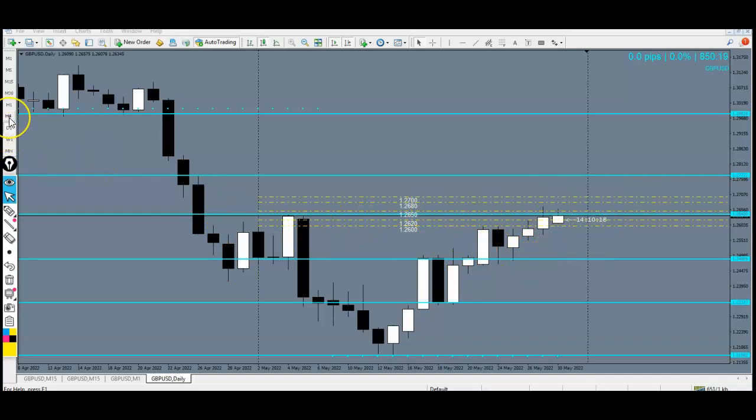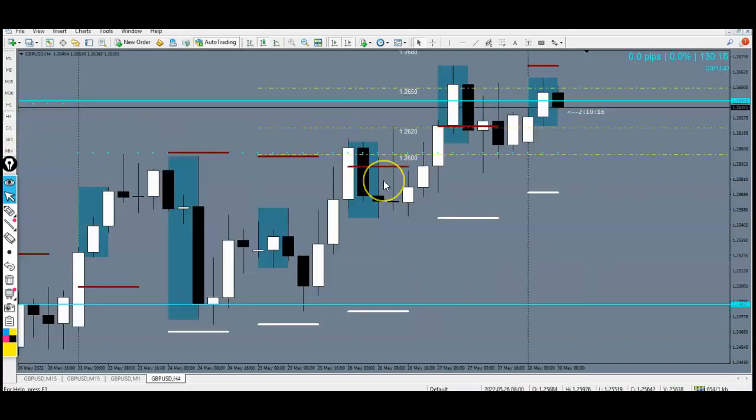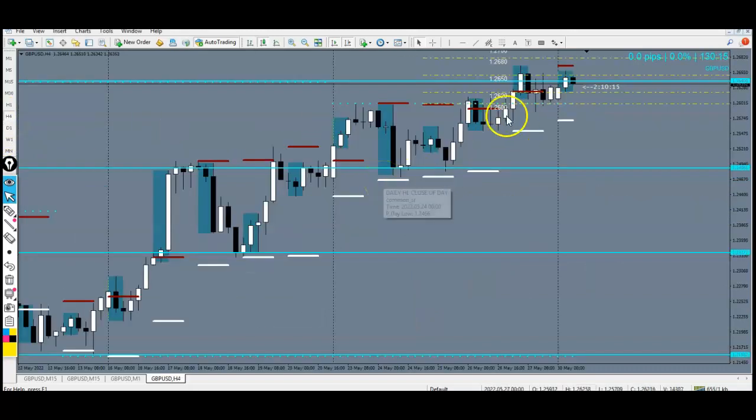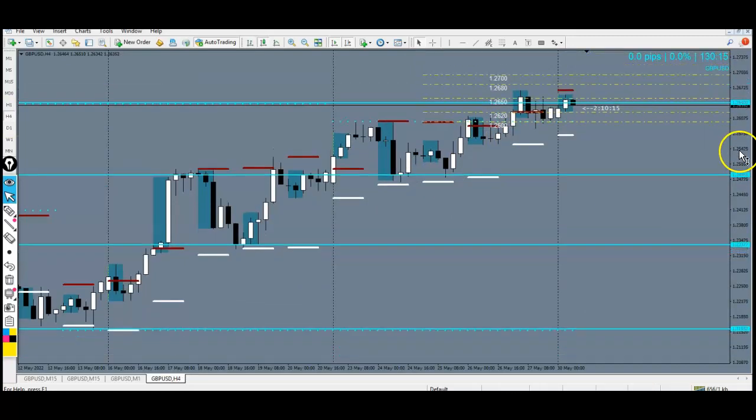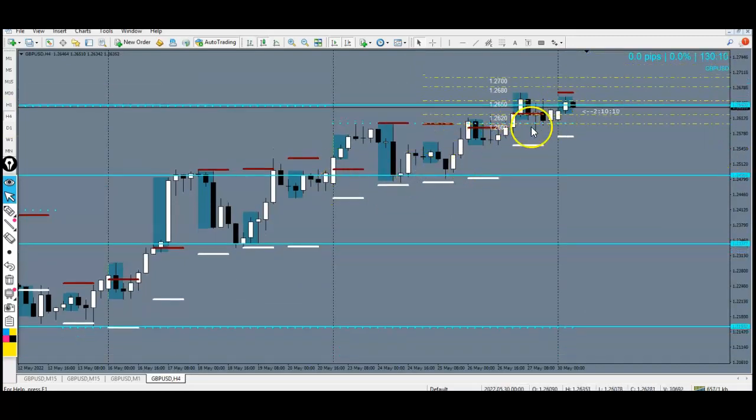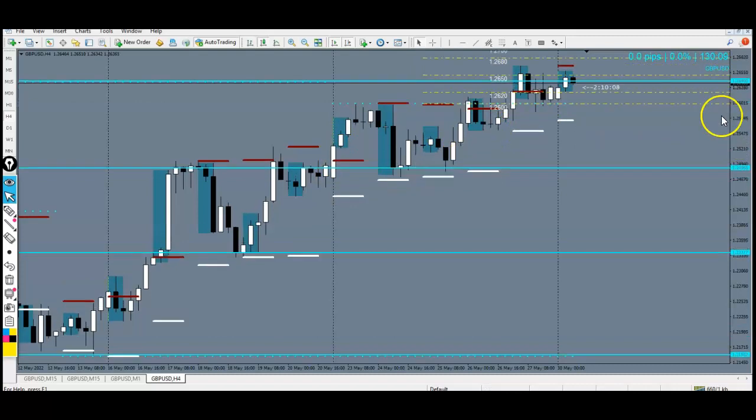Let's go to the 4-hour time frame. We're seeing some sort of movement here now. We can see price got to this level, so we can readjust this level here now, either to this level or take the very highs there.